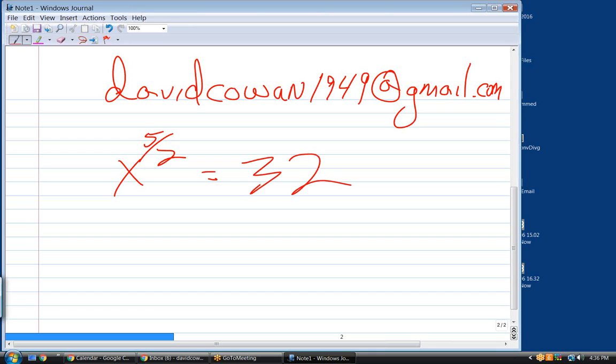How am I going to isolate x? In other words, I want the final thing to be x equals something. How about we just put an exponent on it that's the reciprocal of that?